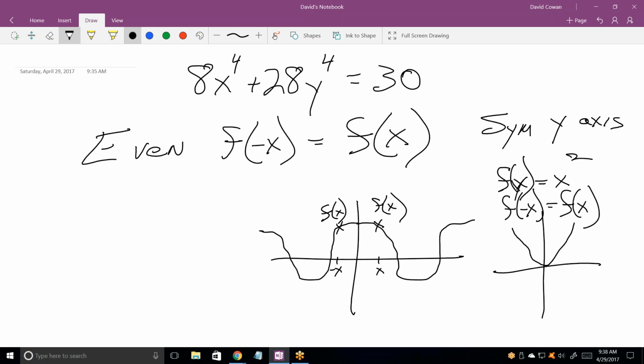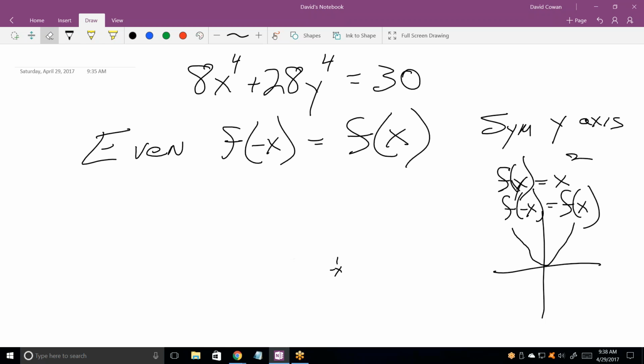If I plug in negative x and square it, it stays positive x. So f of negative x is equal to f of x on all even functions. So that means x to the fourth is an even function. Correct. So it's definitely symmetry about the y-axis.